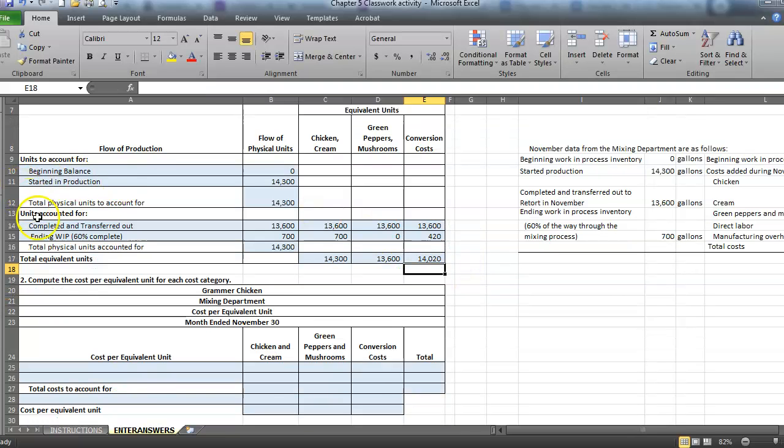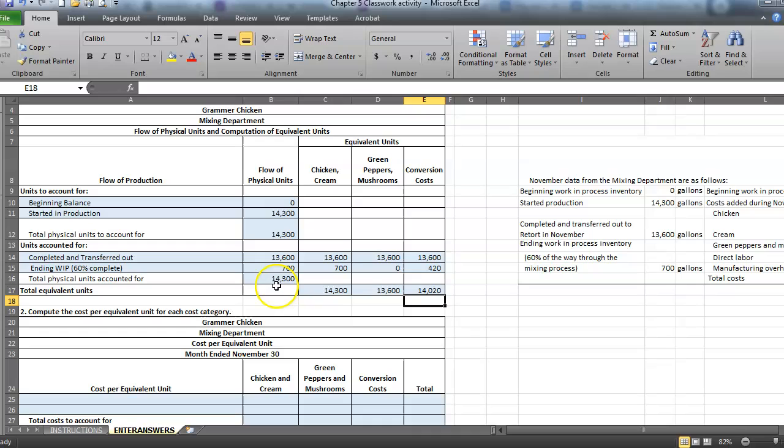Okay, so let's think about what we're doing here. So first of all, we know 14,300 units are the units that we're going to account for. And we want to follow these units into the respective processes. We know the mixing process is right here, and 700 units are in process to be moved over and combined, so we know 700 units is still in the mixing process.